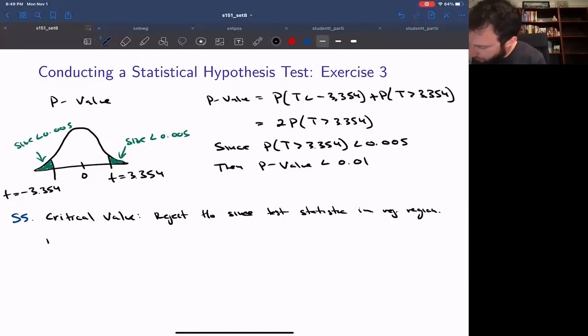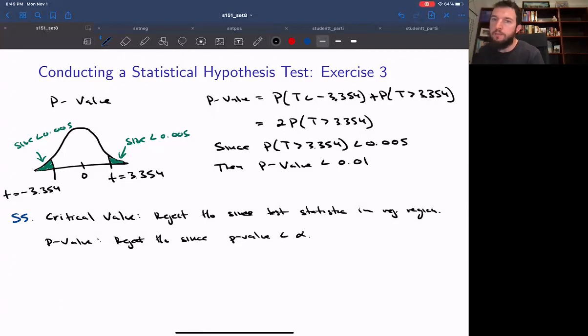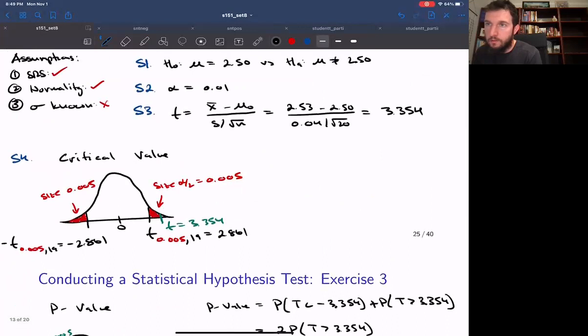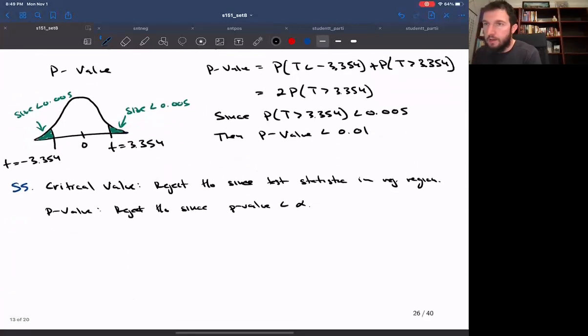And from the p-value approach, we would reject H0 since the p-value is less than alpha. So the p-value is less than 0.01. Alpha is 0.01. Therefore, the p-value is less than alpha.